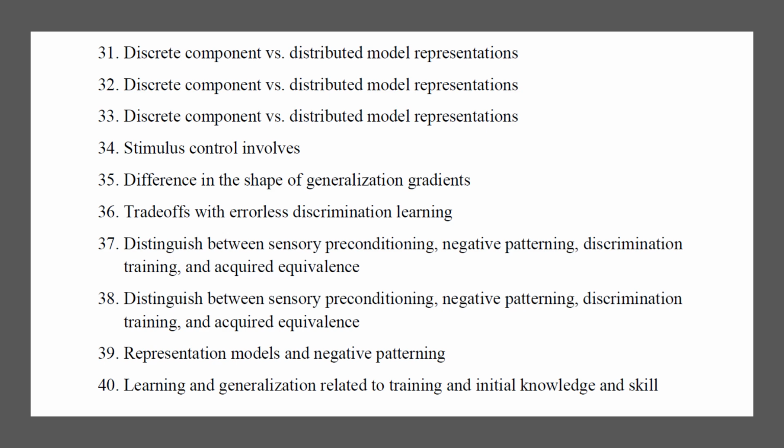That one's a definition. 35, difference in the shape of generalization gradients. I know the difference between what it looks like when there's discrimination training versus no discrimination training.